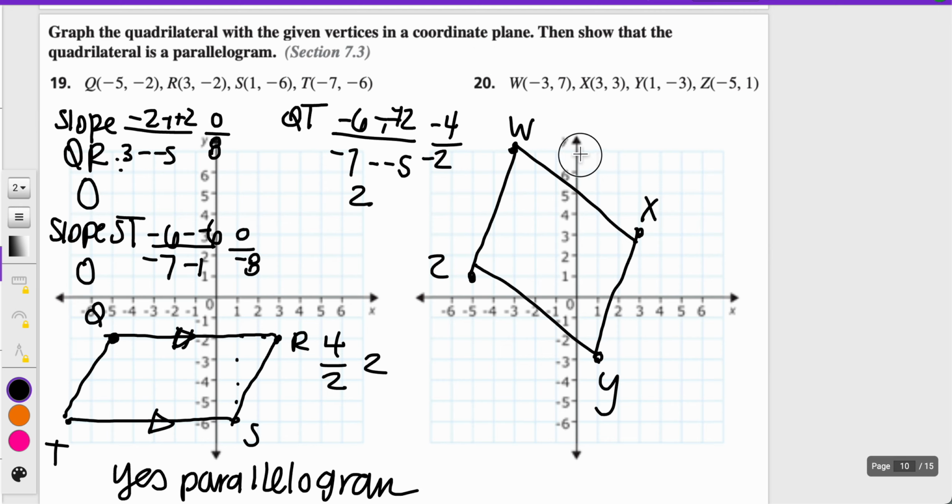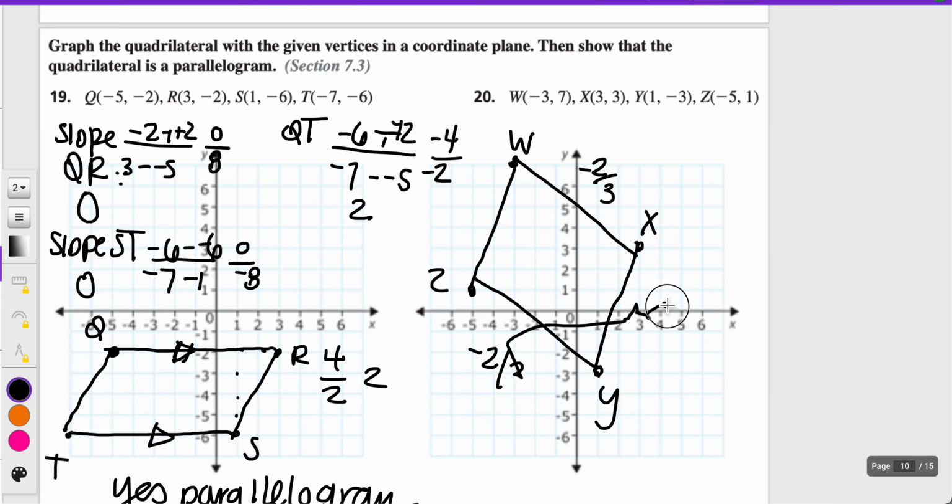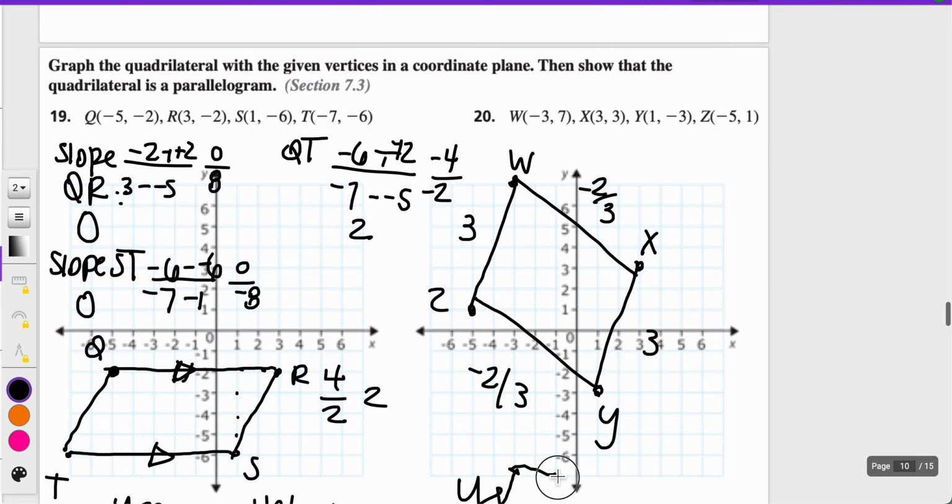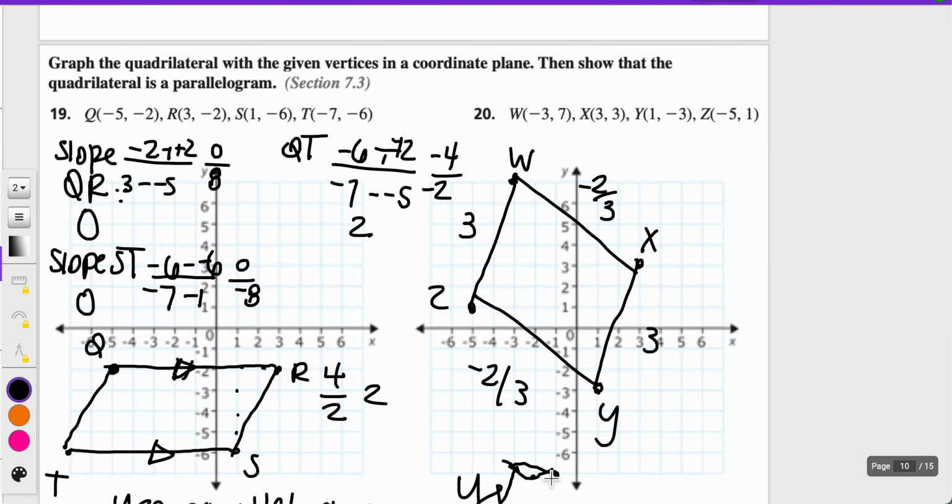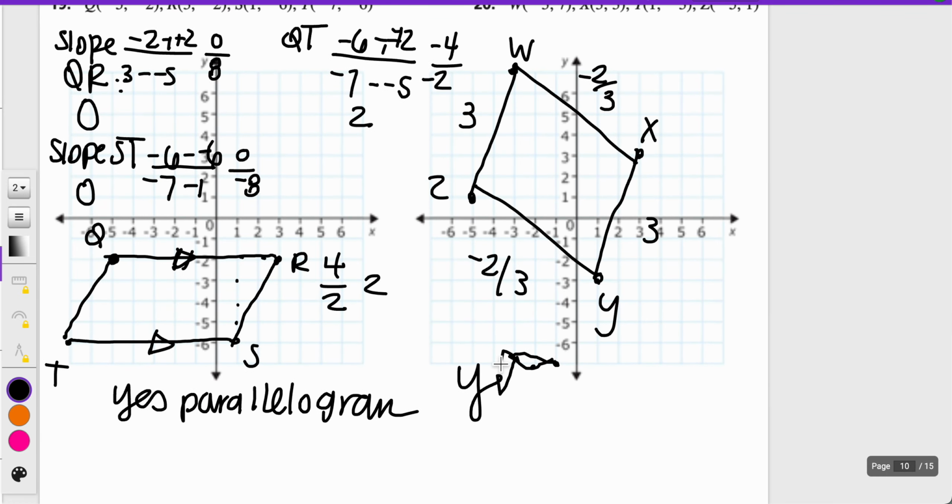So slope WX is -2/3, ZY is -2/3, XY is a +3, and WZ is also a +3. So all these slopes are the same, so the opposite slopes are the same, so we could say yes, this is a parallelogram.